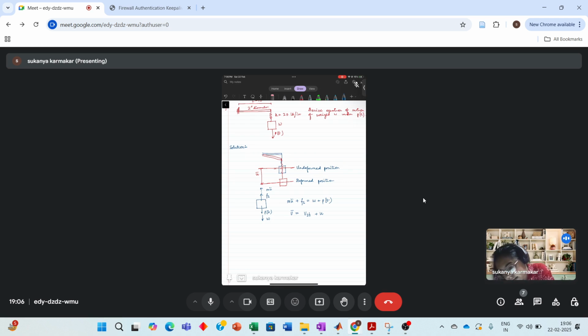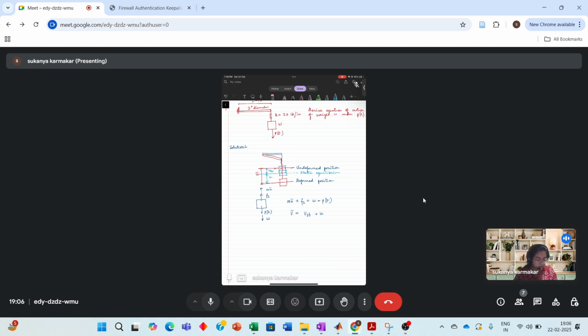So if I draw it here, because of this weight, the body will come down a little bit. So this position is UST and this is U. You can say that this is the position of static equilibrium.